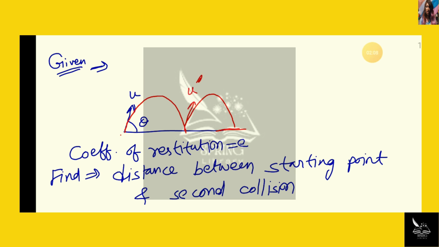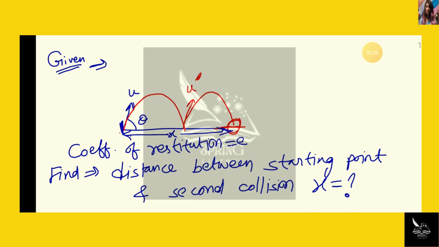So this is the second-time collision. Now the question says we have to find the distance between the starting point and the second-time collision, so we have to find x.